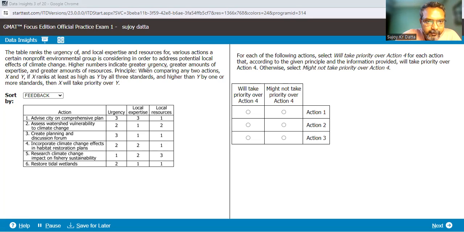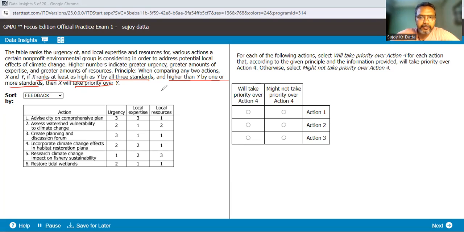When comparing actions X and Y, if X ranks at least as high as Y by all three standards and higher than Y by one or more standards, then X will take more priority.